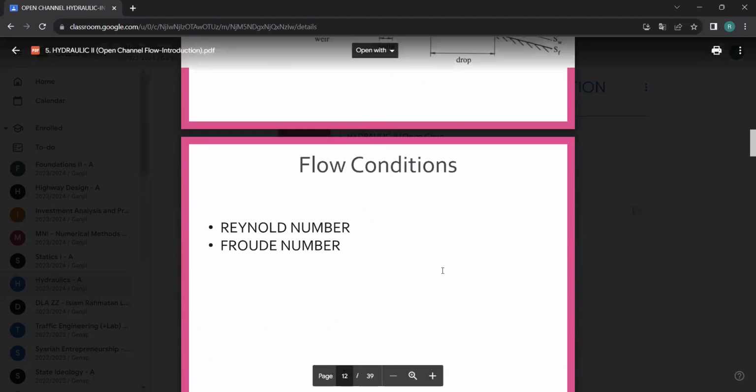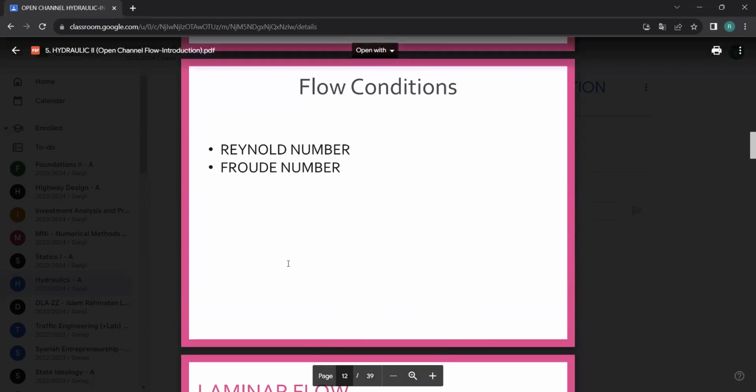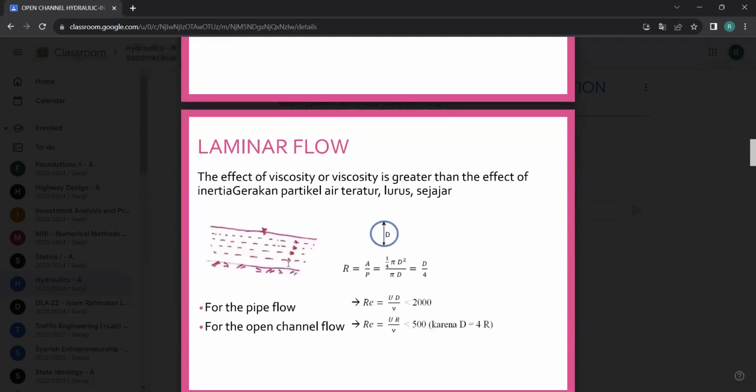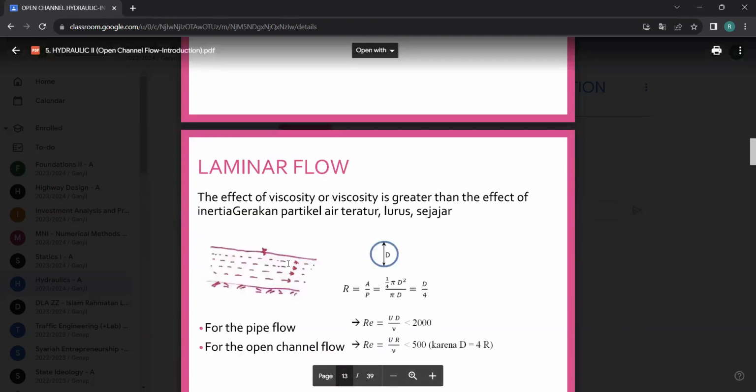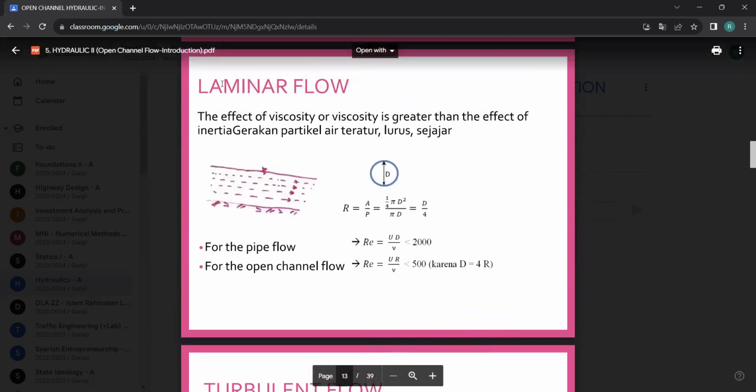And flow condition is based on two numbers, the Reynolds number and Froude number. So first we want to talk about Reynolds number. In laminar flow, the effect of viscosity is greater than the effect of inertia.